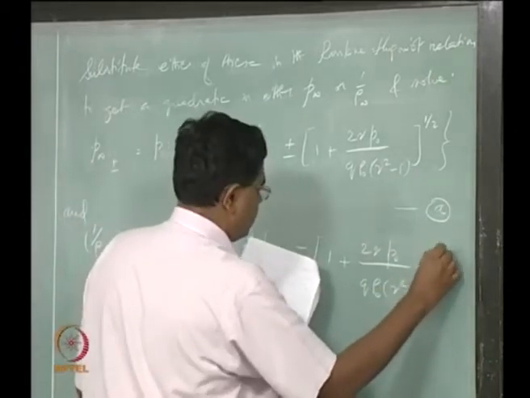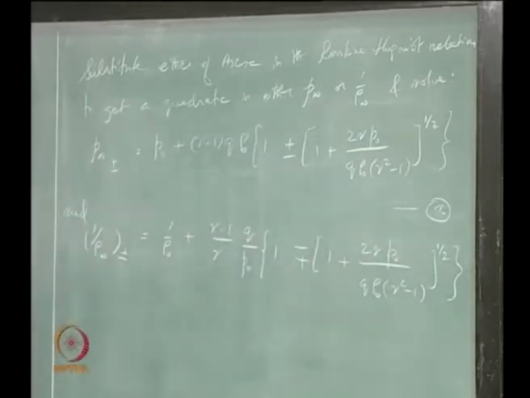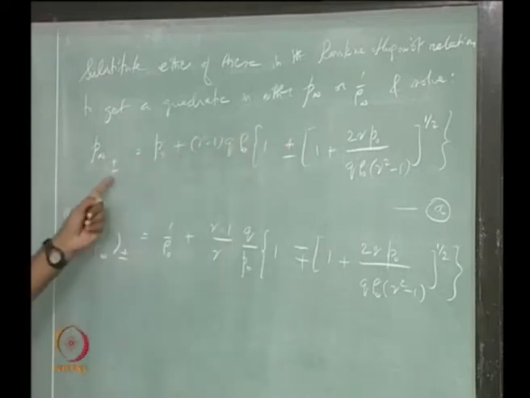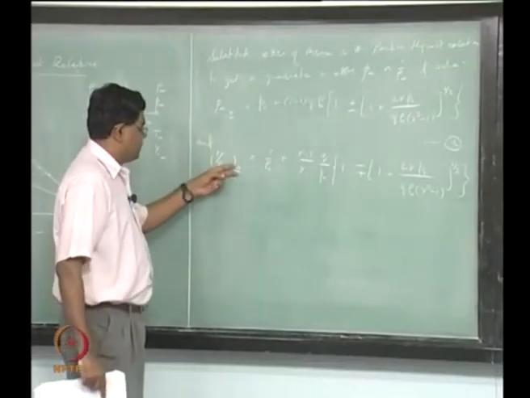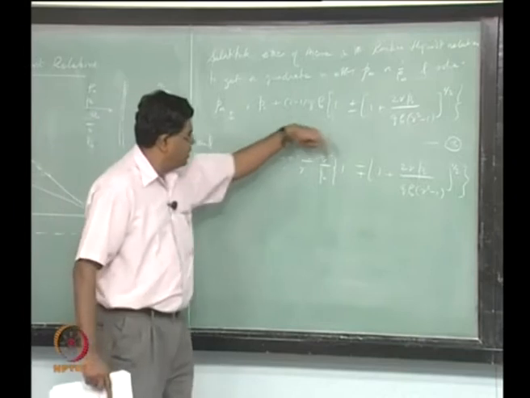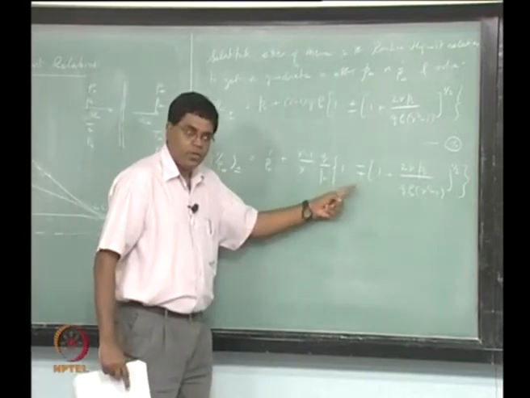Okay, so here what happens is when you now say plus or minus, this plus goes with the plus here, this minus goes with the minus here, right, but here this plus or minus is such that this plus goes with the minus there and this minus goes with the plus here, right.